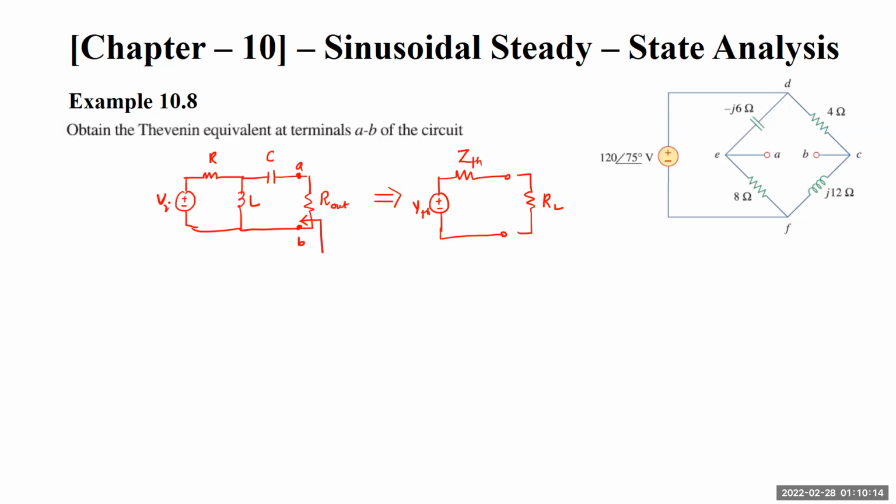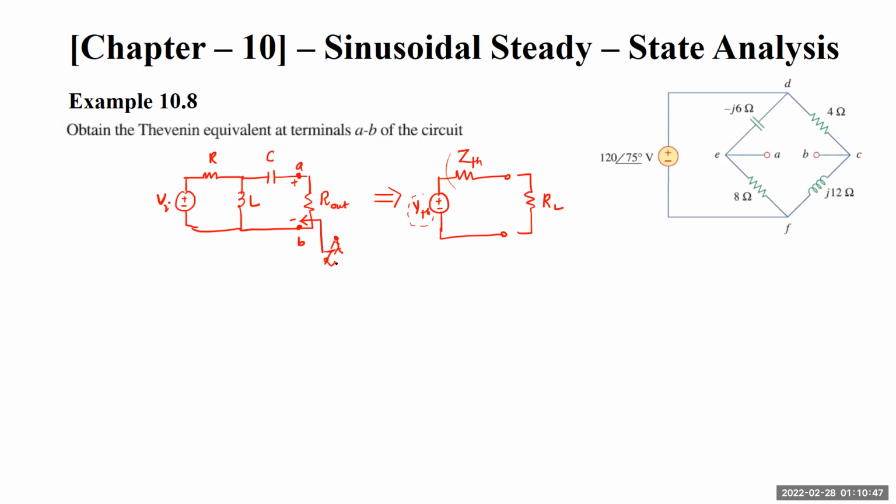Now in this example, let me first remove this. The Thevenin equivalent will be an equivalent circuit that sums up whatever input voltage is applied over here: what is the actual Thevenin equivalent voltage appearing across these two terminals, along with the impedance that is seen by an observer standing over here.